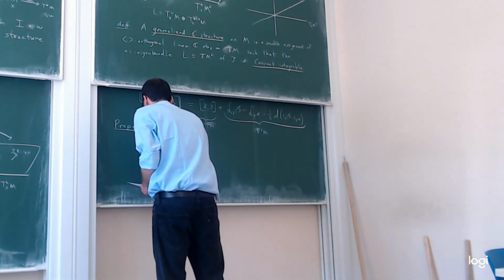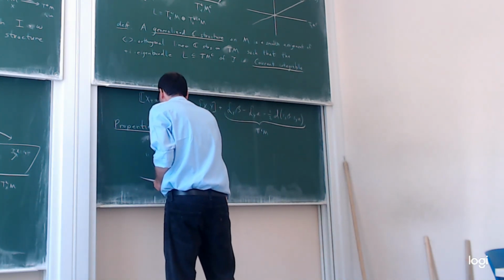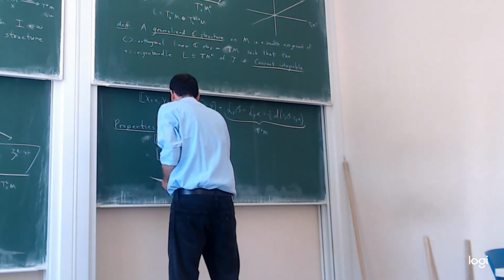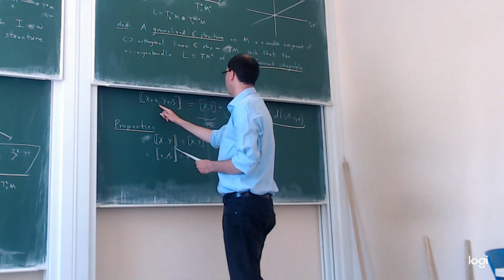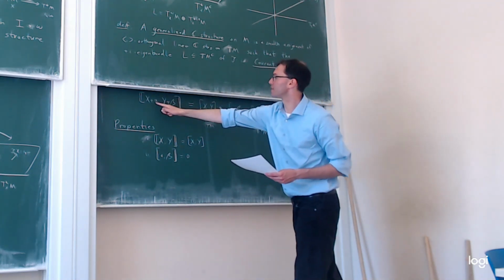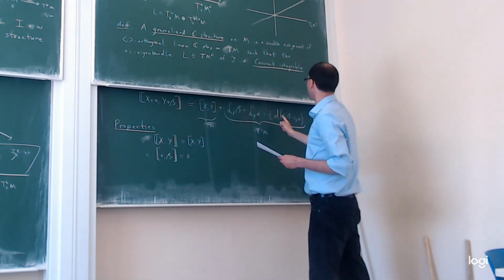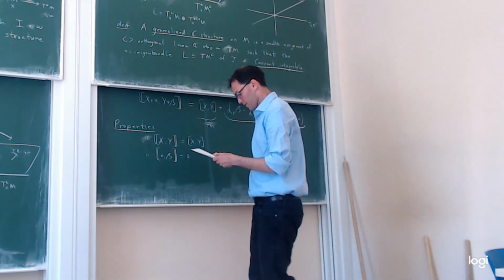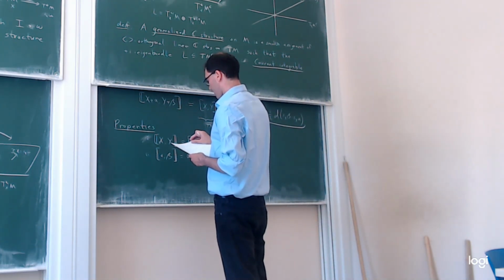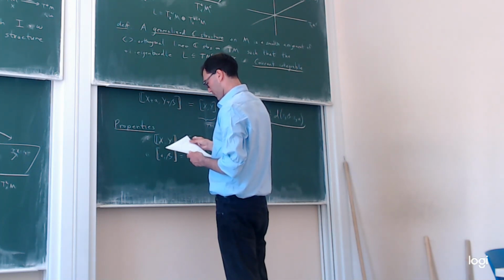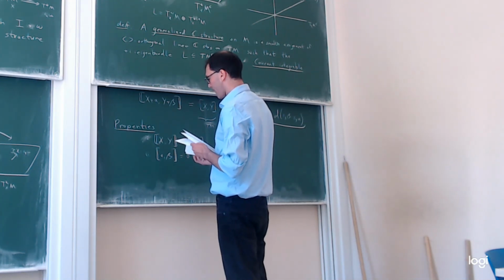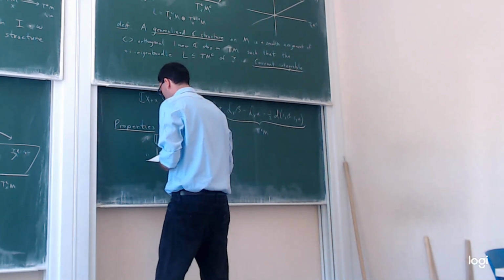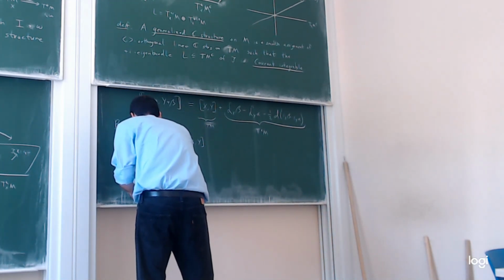Second, note that the Courant bracket of alpha and beta vanishes. If x and y are both 0, then this right-hand side will be 0. And then two technical conditions that we'll use in the next section.